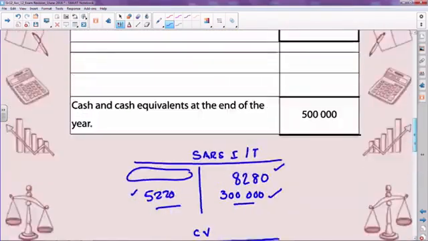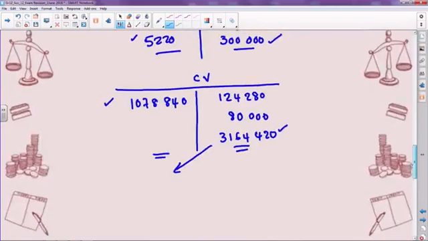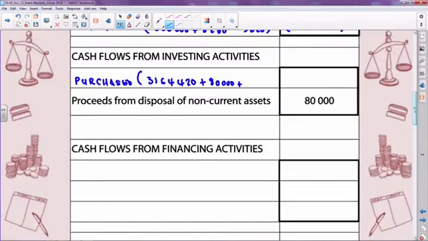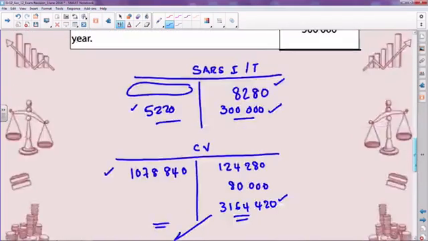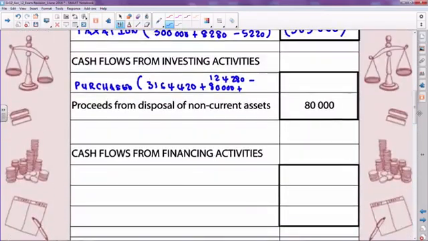It's my 80,000 Rand, which was the disposal figure, plus the depreciation figure of 124,280 minus what was my balance at the beginning of the year, 107,840. There's your calculation.